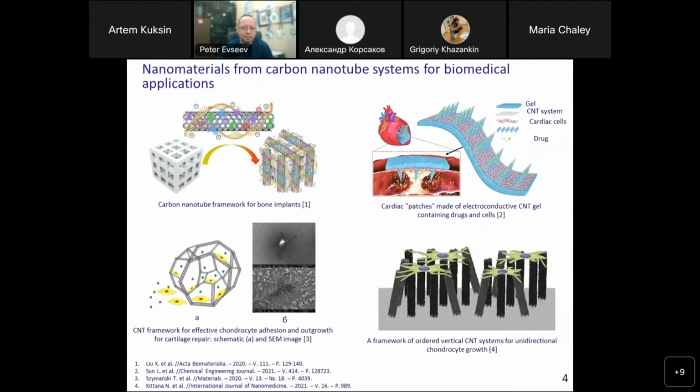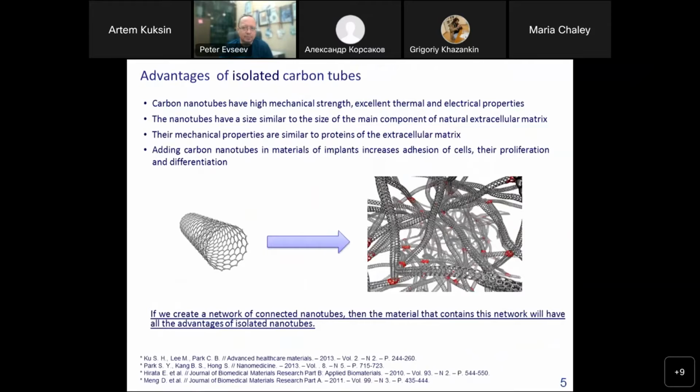Framework nanomaterials based on ordered and disordered systems of nanotubes in biocompatible matrices are widely used to create bone, cartilage, and heart implants containing drugs and cells of the corresponding tissues. So why can nanotubes be used to create tissue engineering matrix?